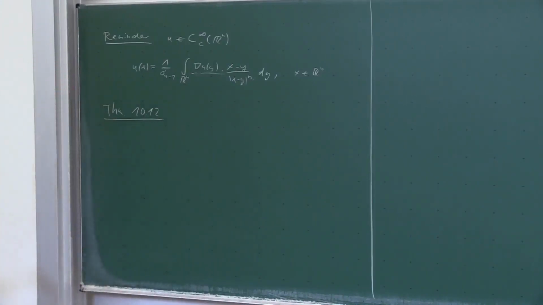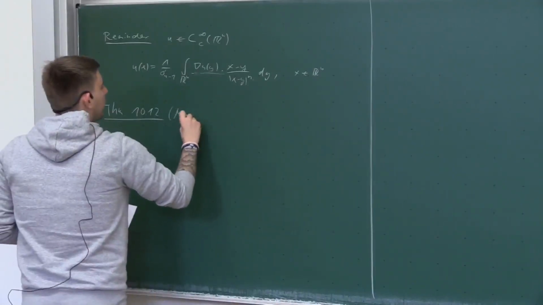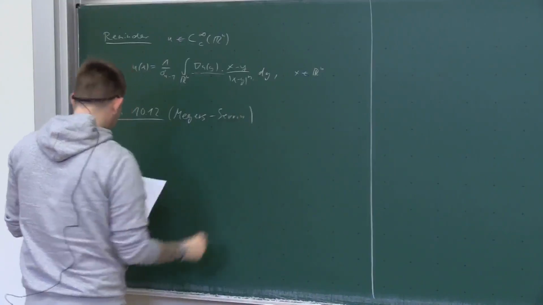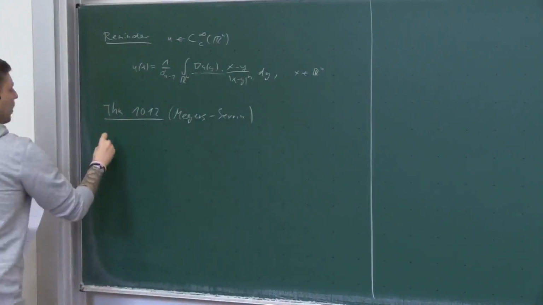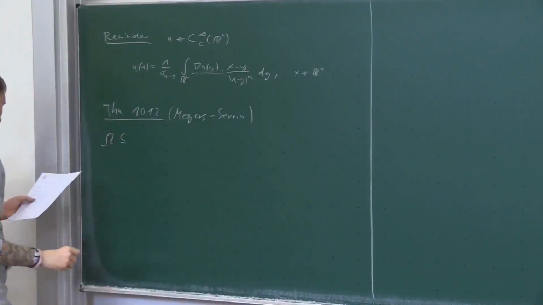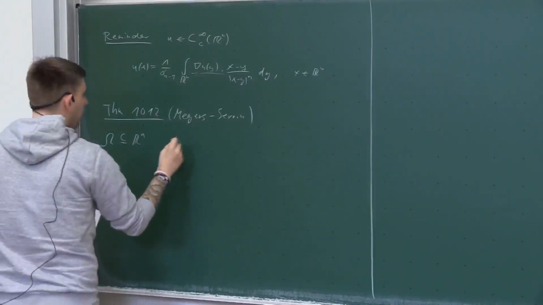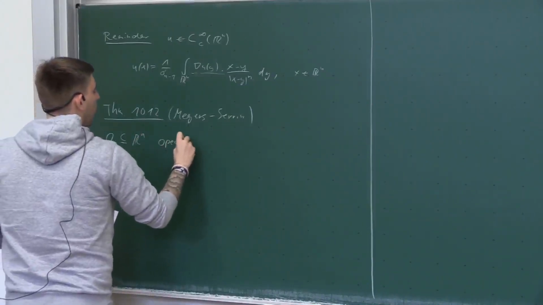I said I jump a bit around in the lecture notes with the numbers, so this is in fact the first number that appears in your lecture notes for today's session. This is a result of Meyers and Serrin. Okay, what does it tell? We take some Ω in R^n. We want it to be open and non-empty.